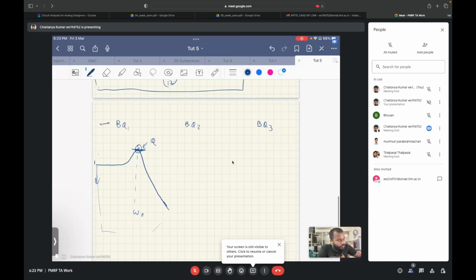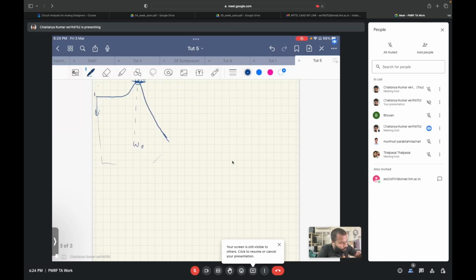So in that case, in the first biquad only, you are reducing the amplitude of the signal. Now if you reduce the amplitude of the signal upfront, what will happen? Let's say the second biquad is giving some noise, and this is the signal that is going in.